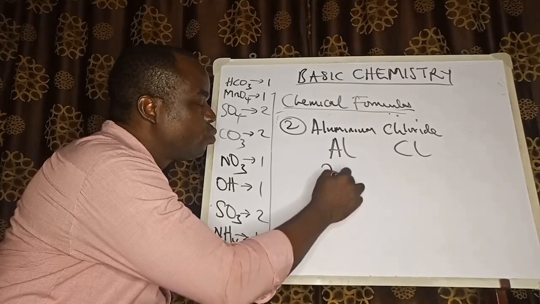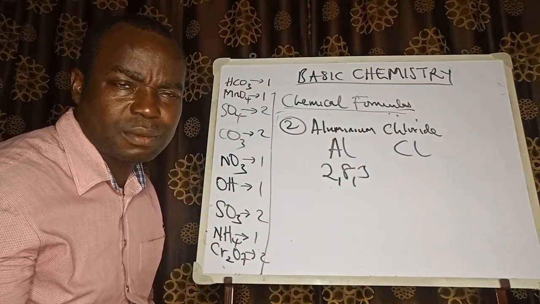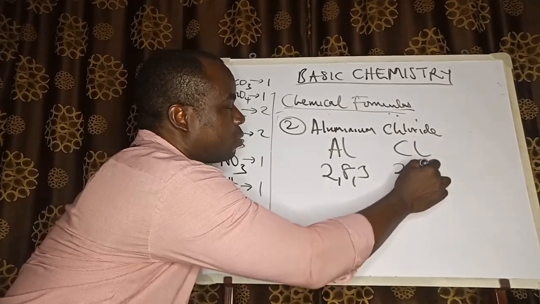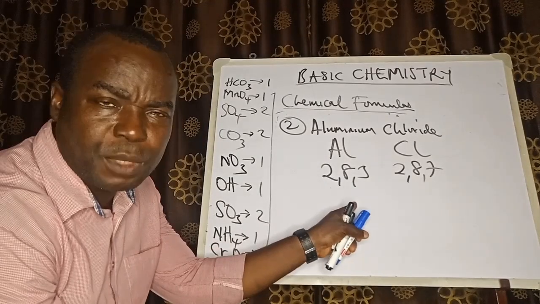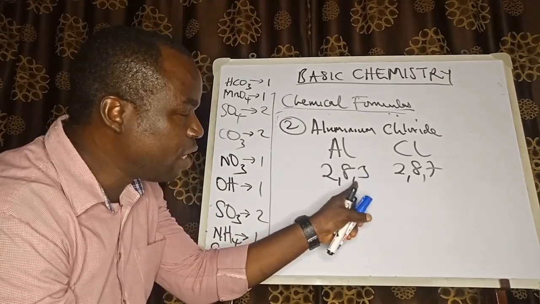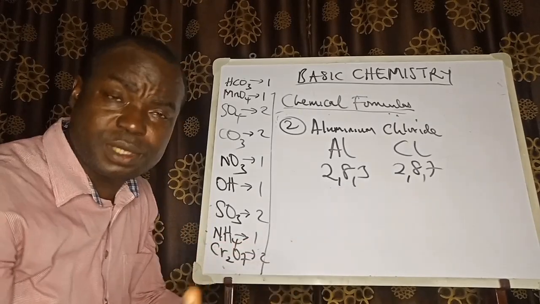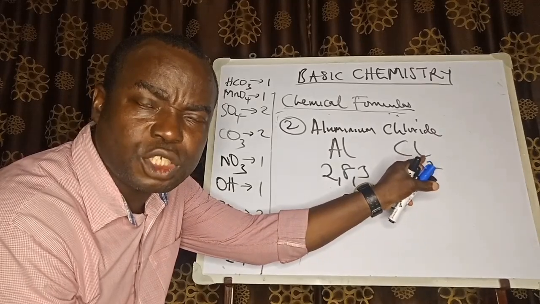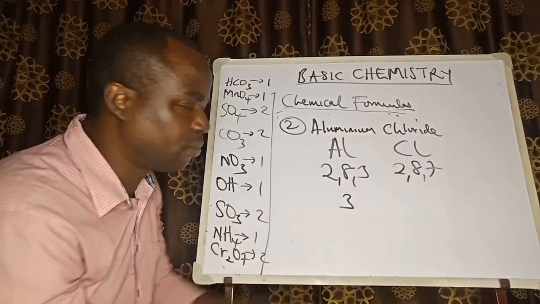That is 2, 8, 3. Chlorine is number 17. That is 2, 8, 7. So we get the valency from here, and valency from here. The valency of aluminium is 3 because it uses 3 electrons. The valency of chlorine is 1 because it is going to accept 1 electron to complete the outermost shell.